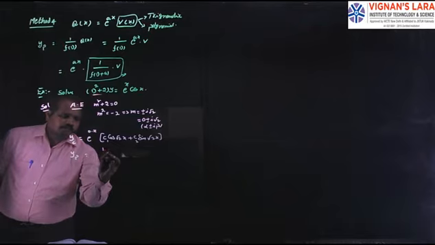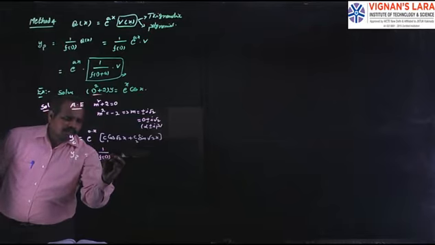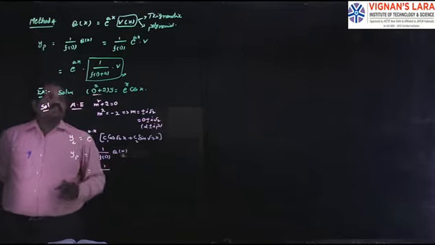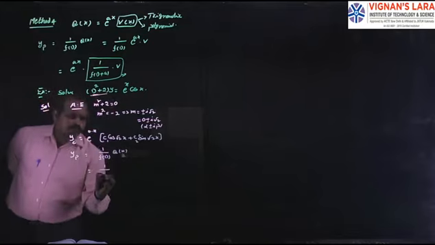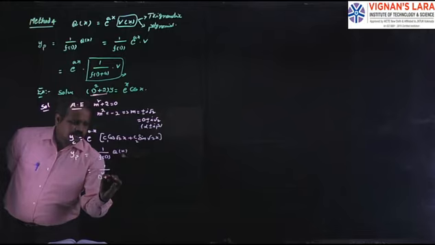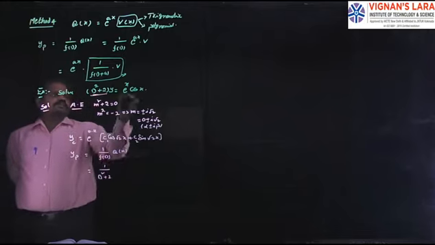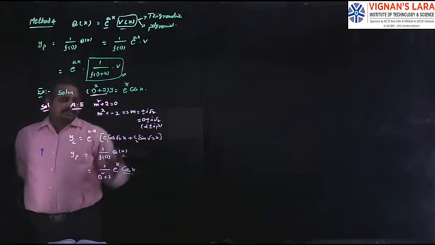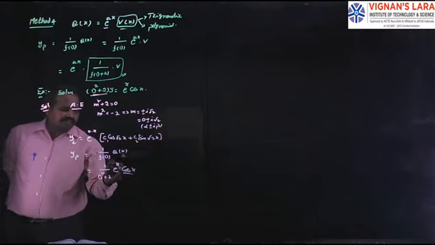Now we go to the particular solution. The particular solution formula: yp is equal to 1 by f of D into q of x. What is f of D? D square plus 2. What is the value of q? e power x into cos x. This is in the form of e power ax into v, so v is cos x and the a value is 1.